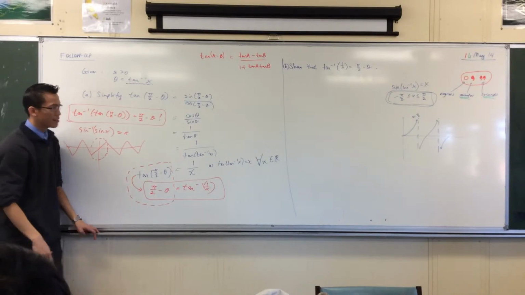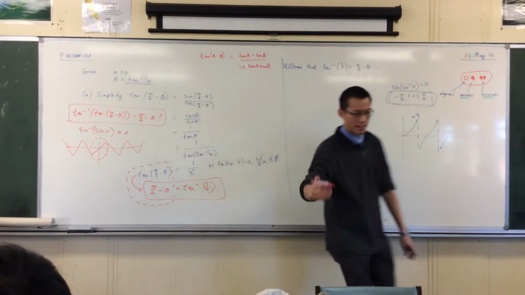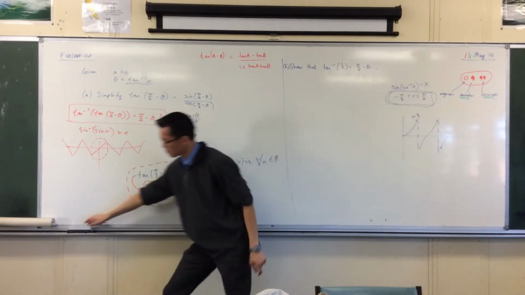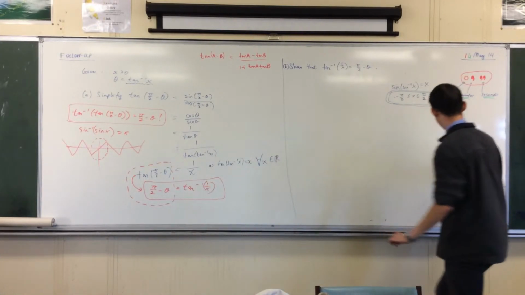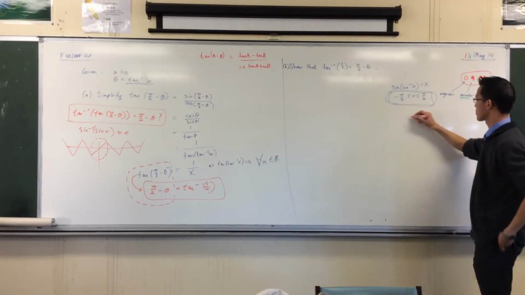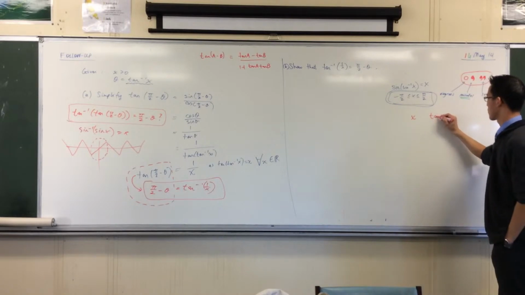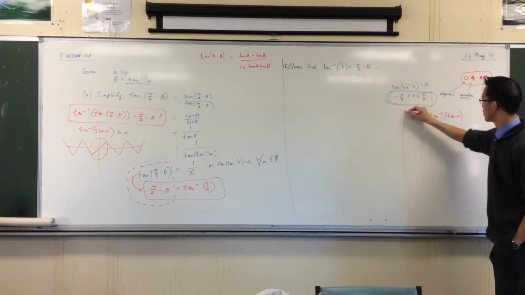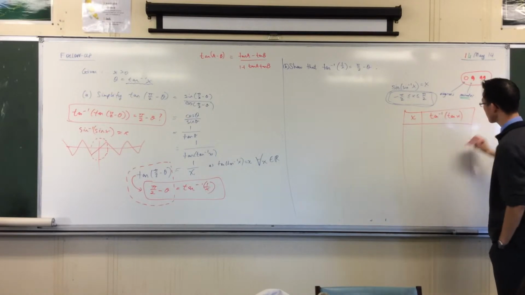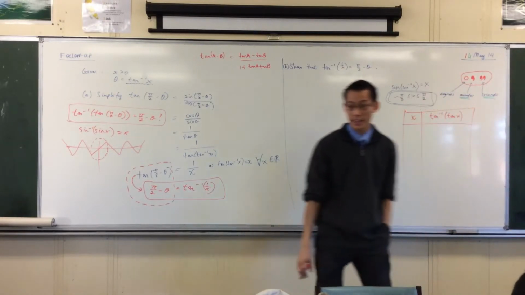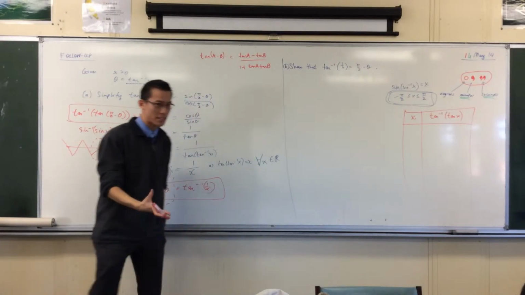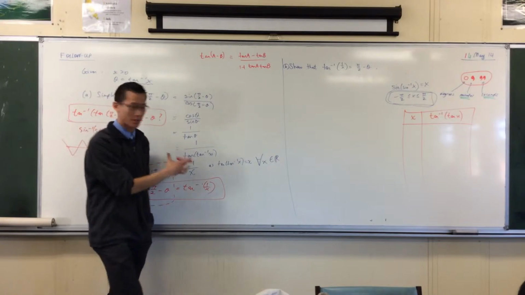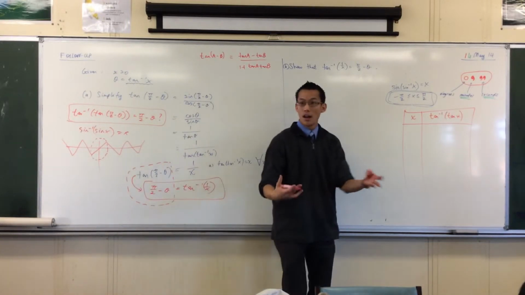Now, let me try this out. Let's get your calculators out for a second. Let's see if we can not necessarily draw it, because that would take a while, but do enough investigation that we can work out where this is going to be useful to us. Let's try a value.